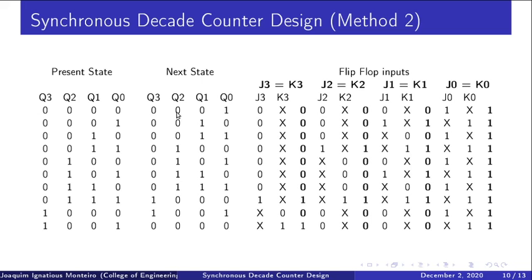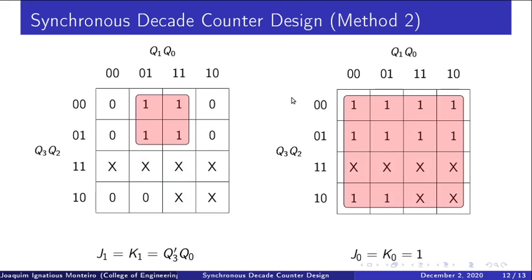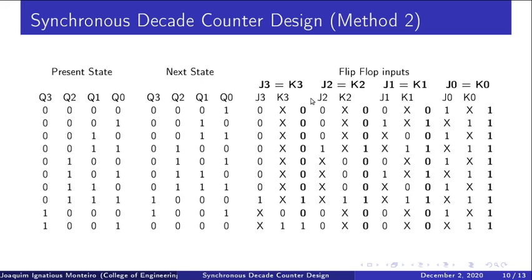You could copy down the earlier state table fillings, these columns, and then copy down the columns from the earlier decade counter design, the same columns, right?